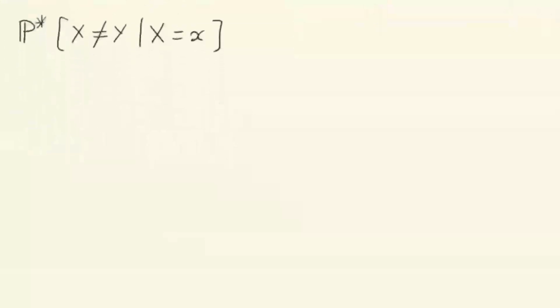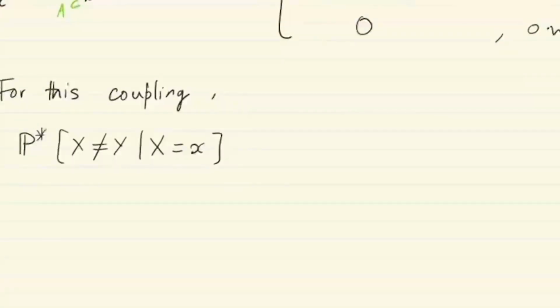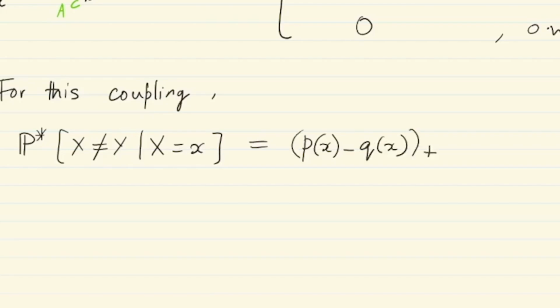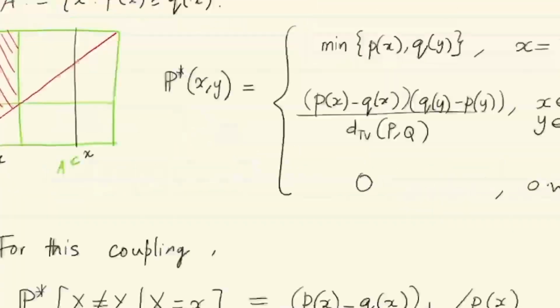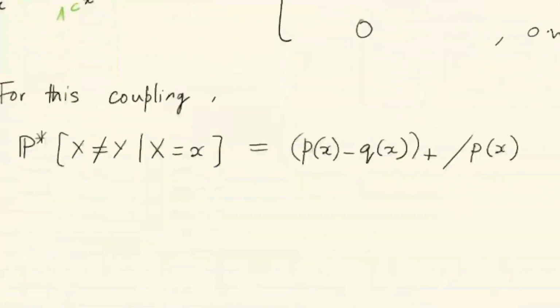So this can only be non-zero if small x lies in A. By our construction, it is (p(x) − q(x))₊ divided by p(x). If you look at the first vertical black line here, the probability that Y is not equal to x given X equals small x is simply the probability on the segment in the northwest corner divided by the total probability of this vertical line, which is p(x), and that's exactly what we've written.